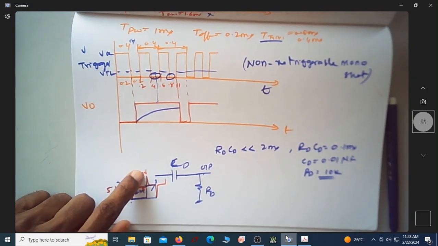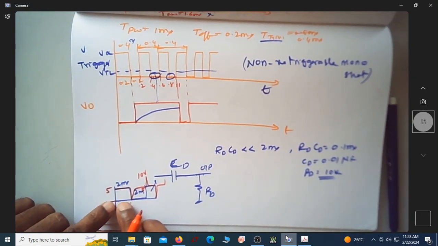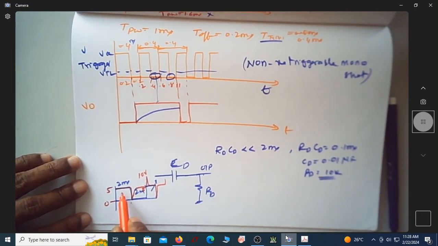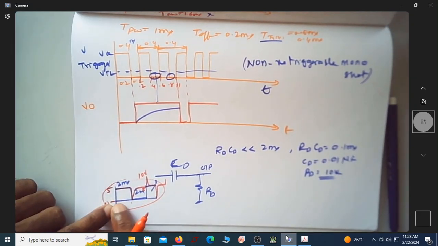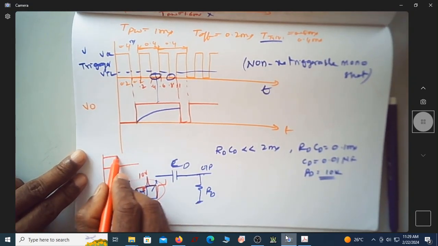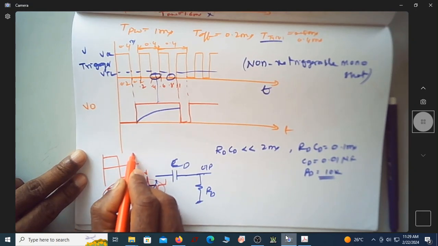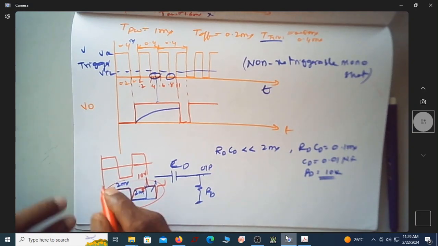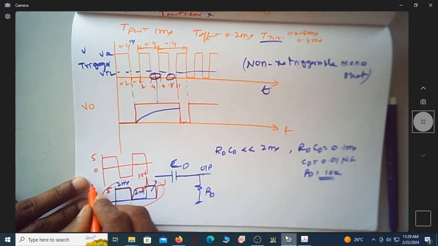Now, instead of this type of waveform, usually we may not be having a DC shifted waveform. Let us assume a square wave, something like this. Consider this as 0 volt, 5 volt and minus 5 volt.